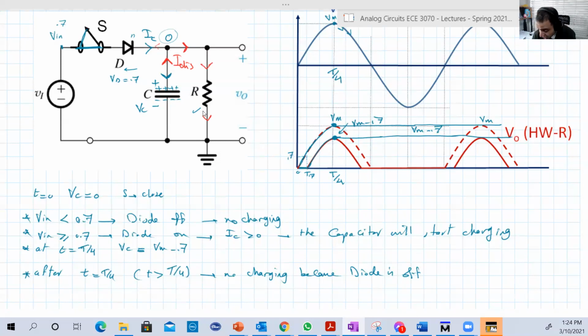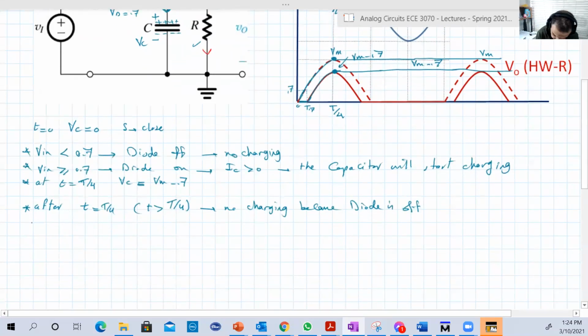So there will be discharging. After t over 4, or at t greater than t over 4, the capacitor will discharge through the resistance. If the capacitor starts to discharge, that means it will lose some of its charge.